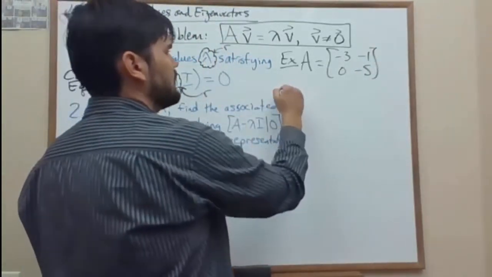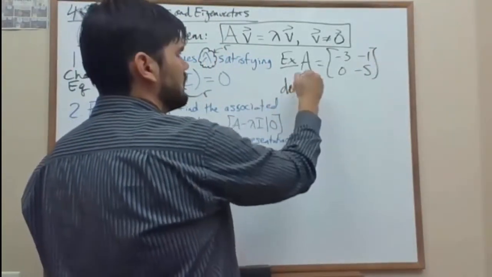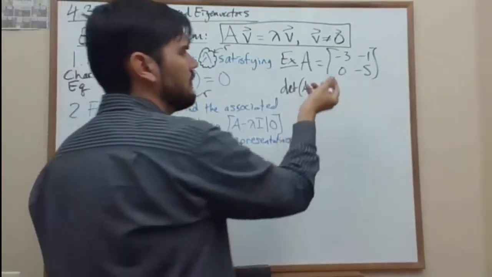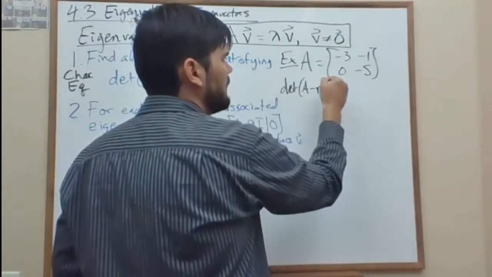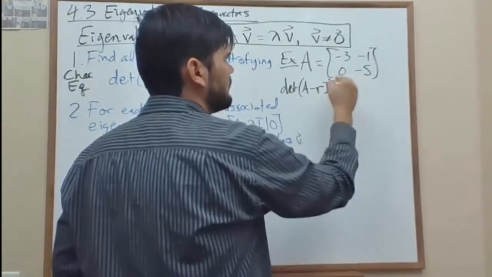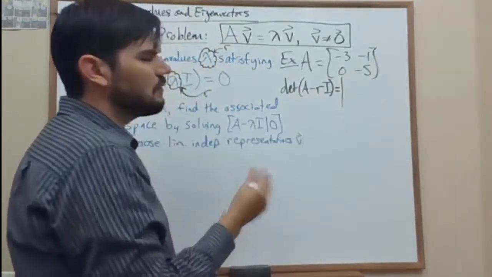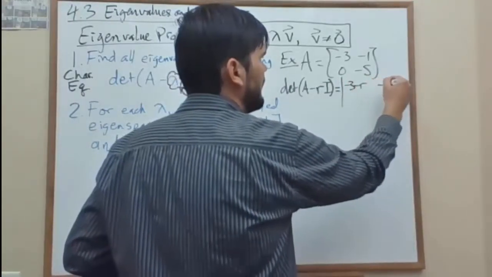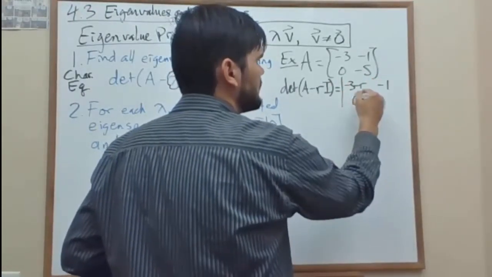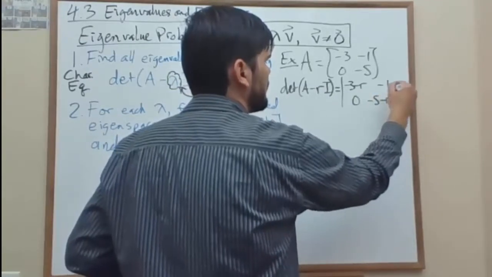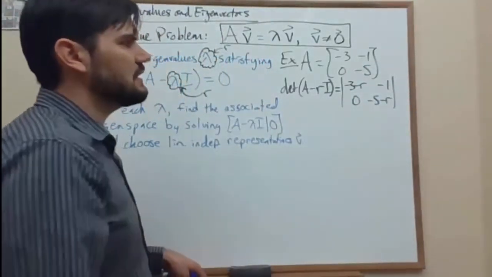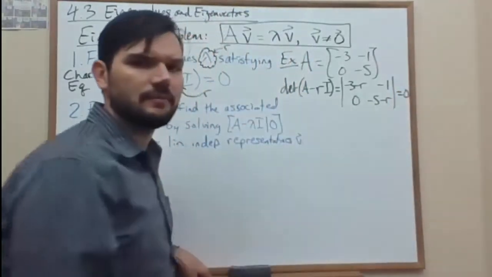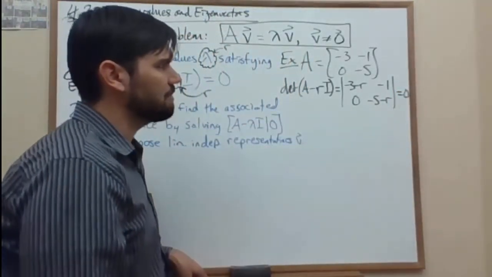If we take the determinant of A minus lambda I, and I'm going to write it in terms of R, A minus RI, what I get is a -3 minus R, a -1, 0, and a -5 minus R. And I want to set that determinant equal to 0.